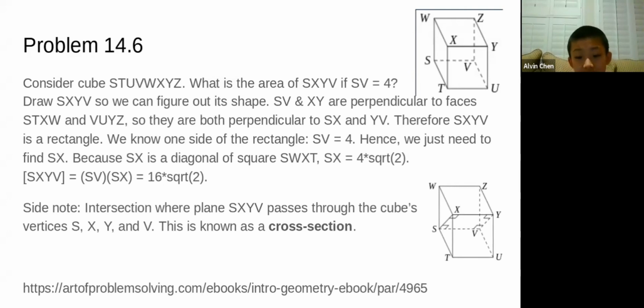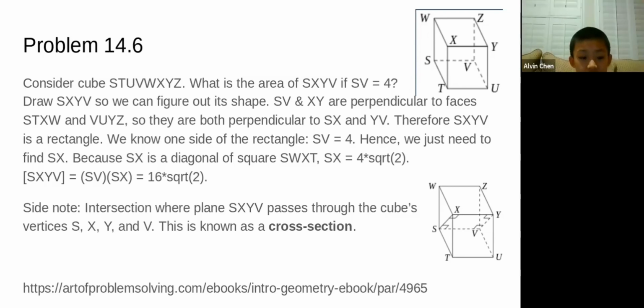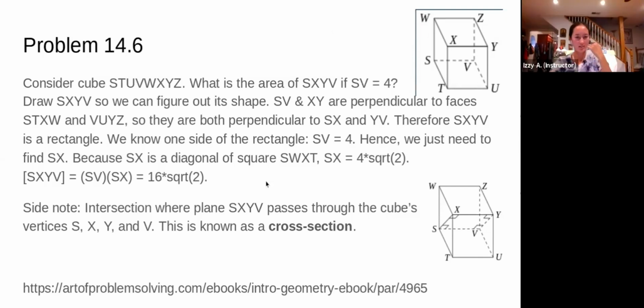SX, because SXT is a 45-45-90 triangle, so SX equals 4 root 2 and XY is 4. So the area is 16 root 2. Yes, that is the correct answer.